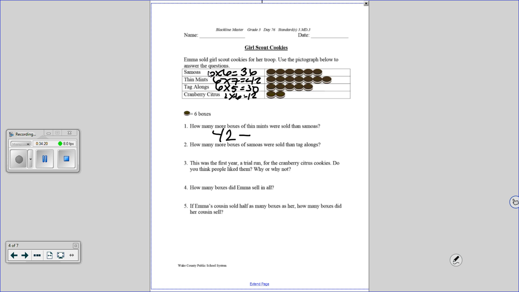Subtract the number of Samoas sold. How many Samoas were sold? 36. 42 subtract 36 equals what?